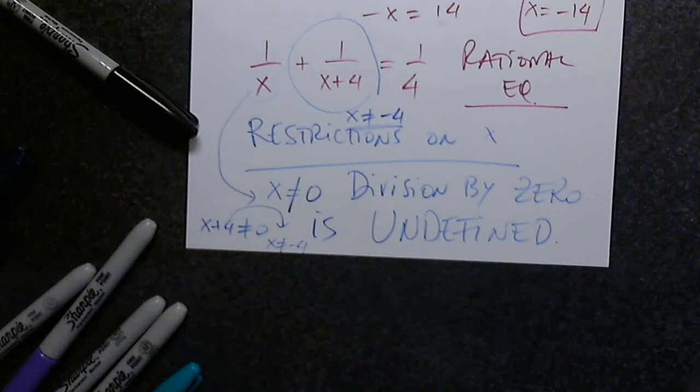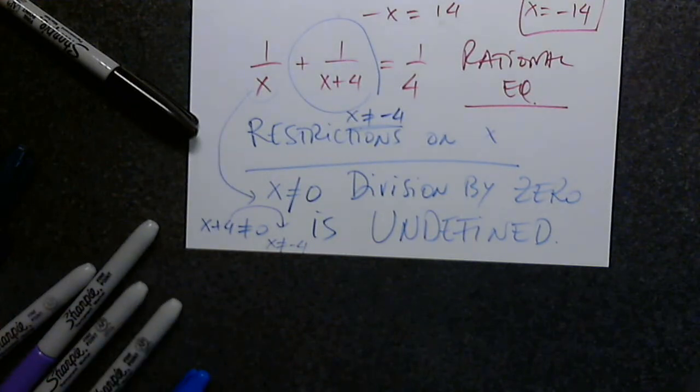If I get x equals 15, then that's the solution. But if I get 0 or -4, I'll say, no way, sorry. One of the fractions, or even both maybe, could be undefined. That's not acceptable.